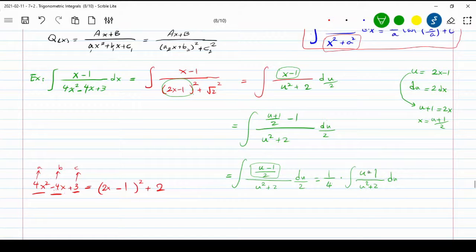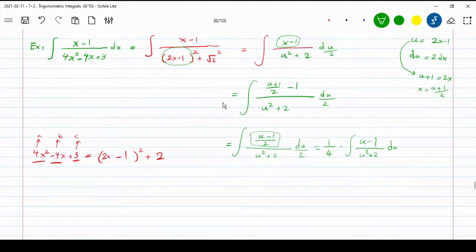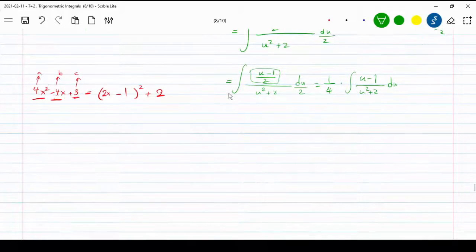Okay, so now at this point, let me continue here. At this point, you notice that if you wanted to integrate this integral, if the numerator was simply 1, then we could have used that tangent identity. But what if there's u minus 1? What do you do in that case?